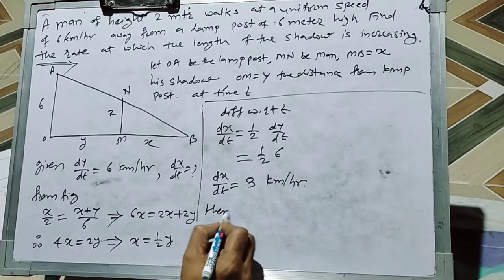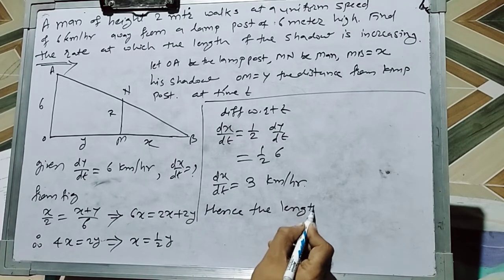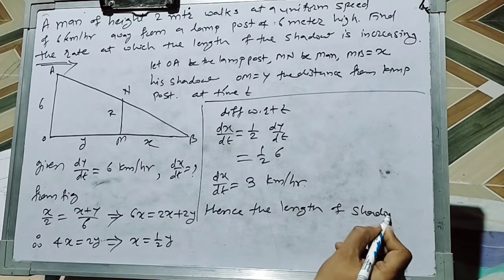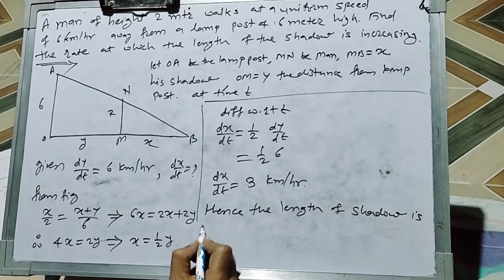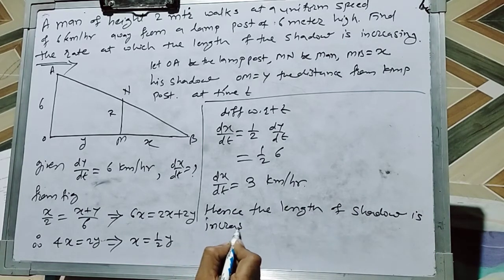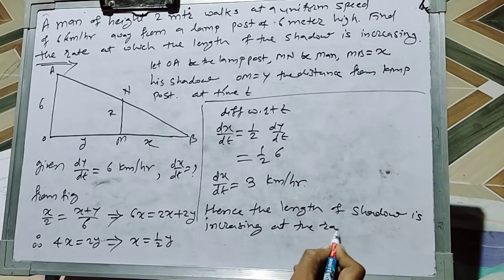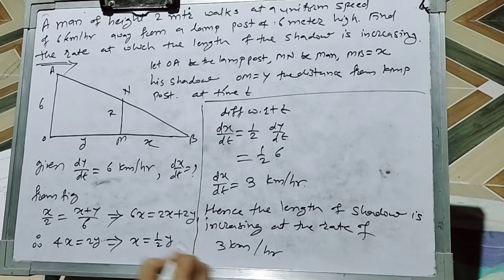Hence, the length of shadow is increasing at the rate of 3 kilometer per hour.